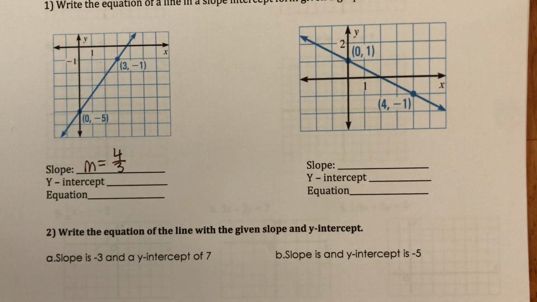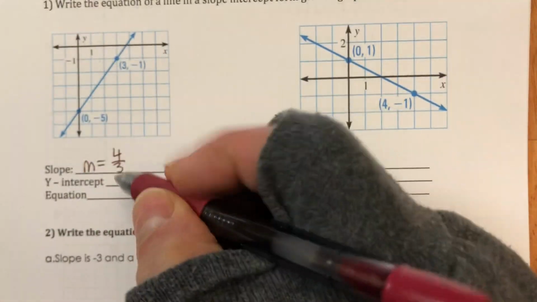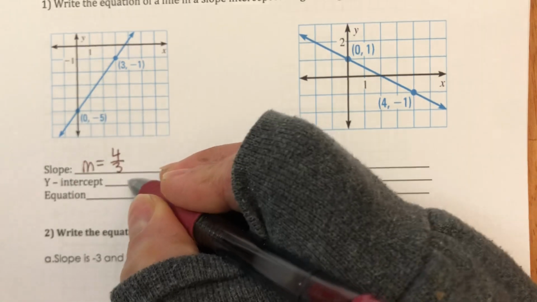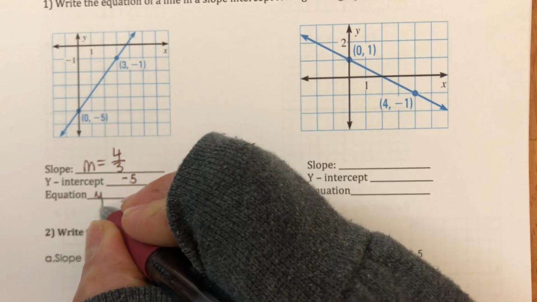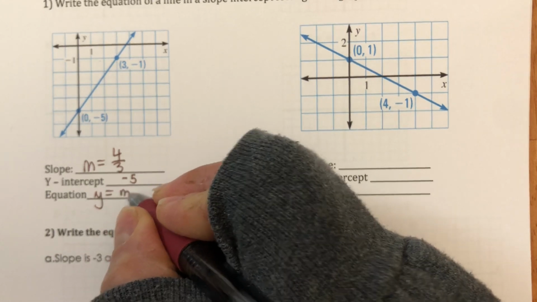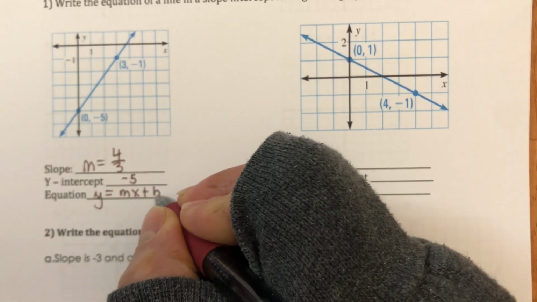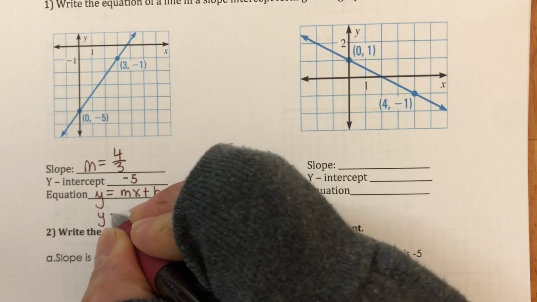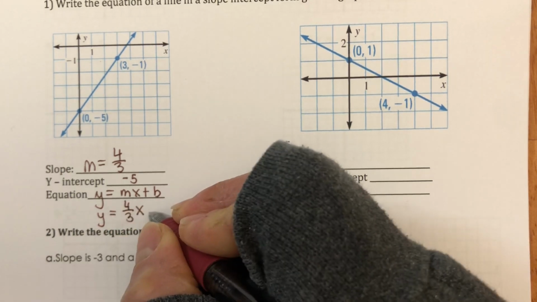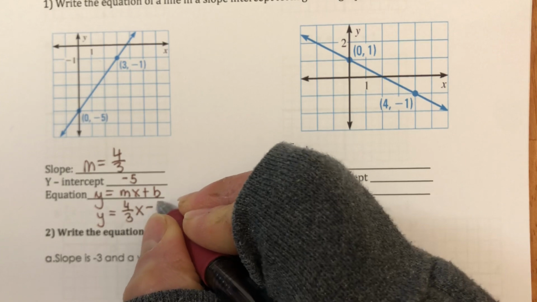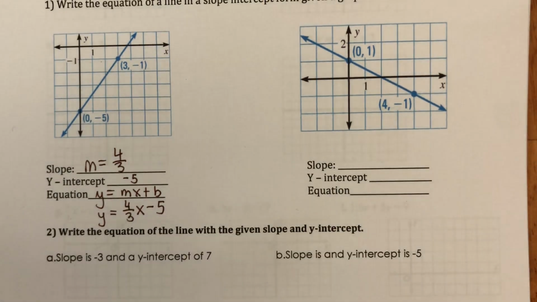The y-intercept, we are looking at the y-axis, and on the y-axis the line is going through point -5, and I know that the equation is y = mx + b. m is equivalent to 4/3, keep the x, and then b is -5. You can say plus -5 or just keep it the way you have it.